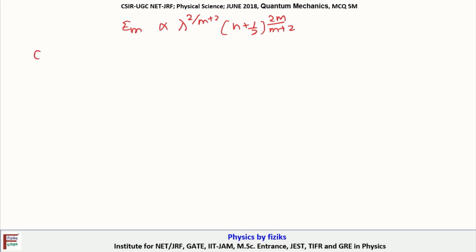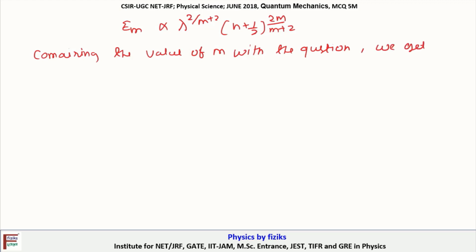Now comparing the value of m with the question, we get m equals 4.